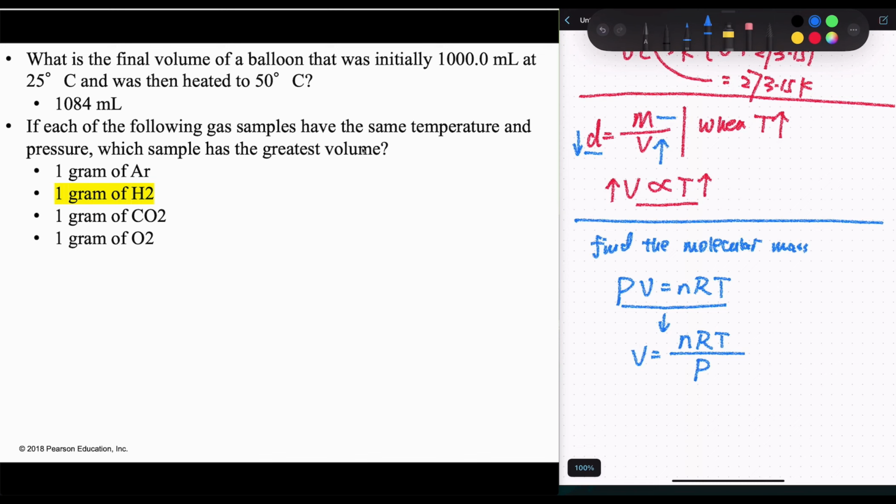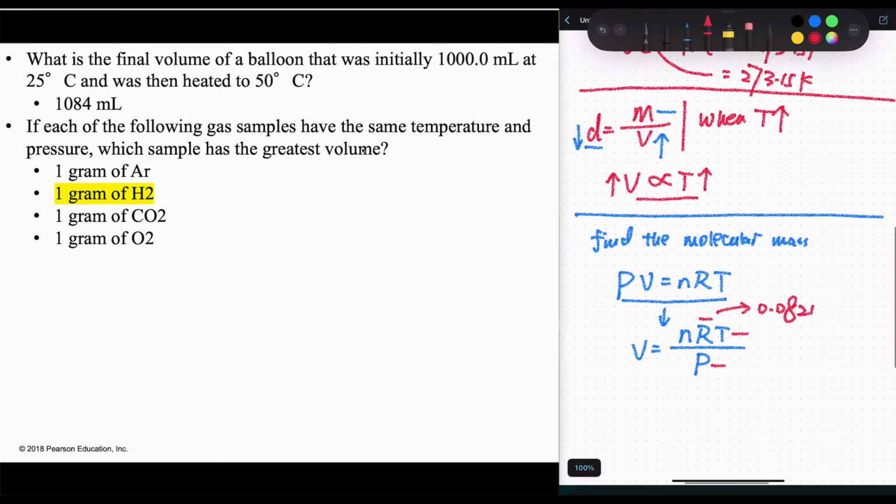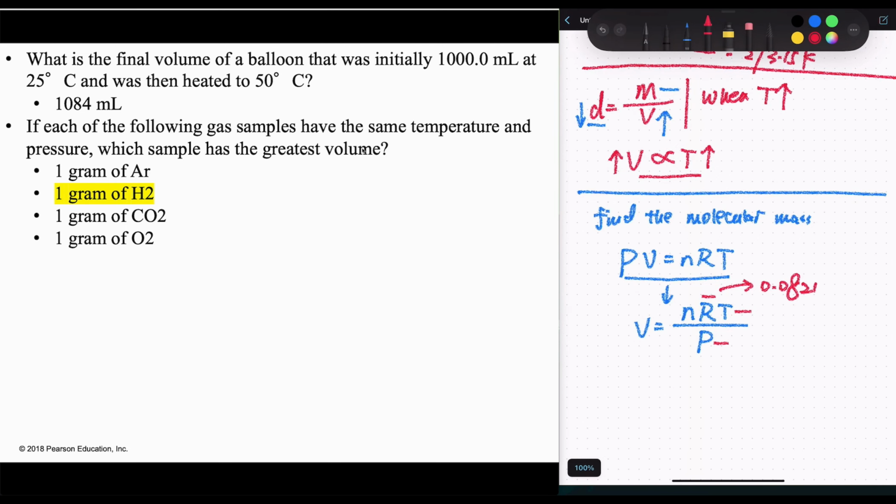Since the statement of this question says the temperature and the pressure are constant, T is constant and pressure is constant. We also know R is constant, because R is always 0.0821. Since R, T, and P are all constant, the change of the volume will be solely determined by the change of the amount of the gas.